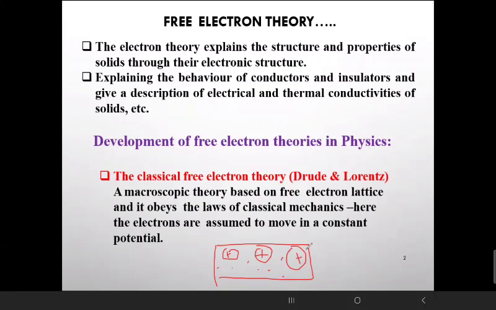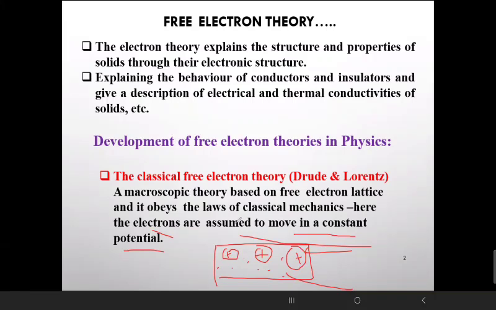So these positive ions are considered as the ion core, and these are considered as free electrons, random electrons. And the important point is they assume that the electrons move in a constant potential. That is the assumption of free electron theory.